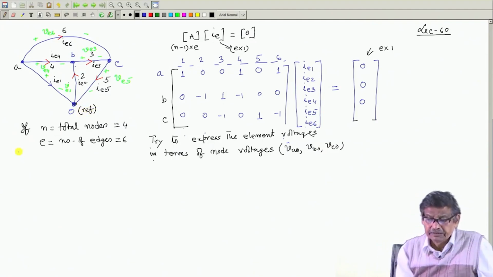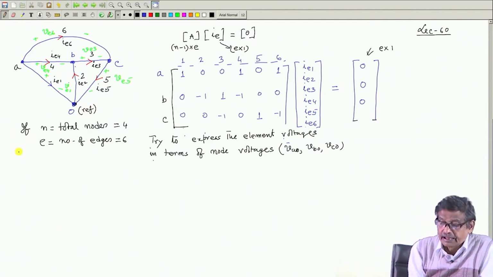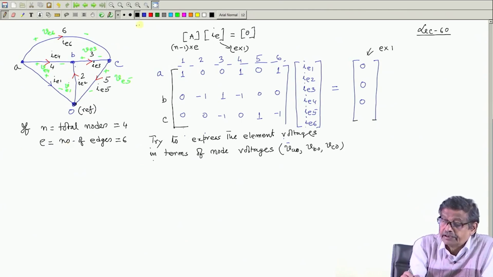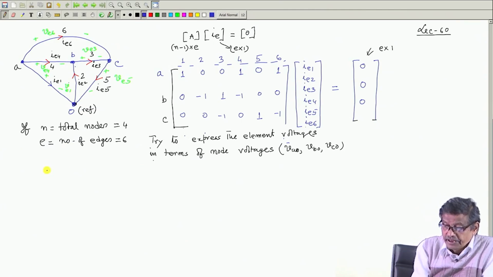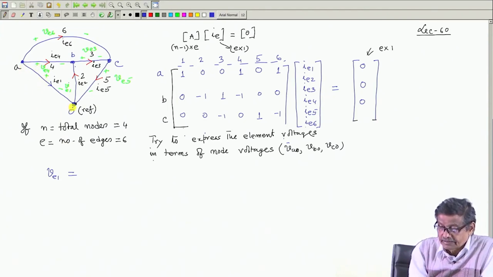It can be very easily seen that VE1, this element voltage, with this plus and this minus, is equal to VA0.